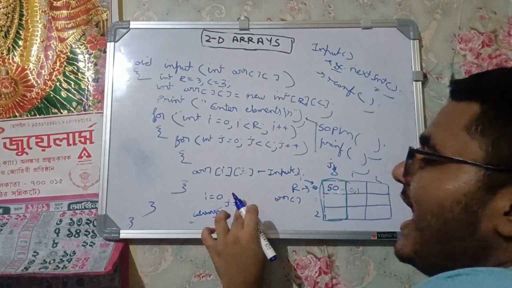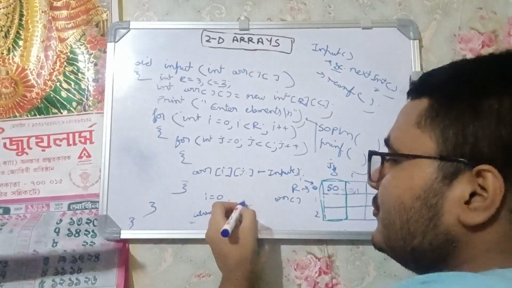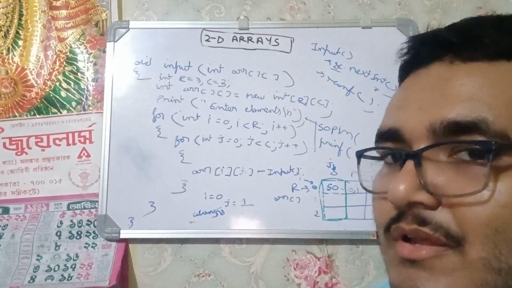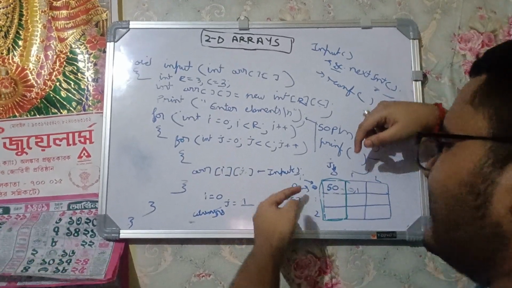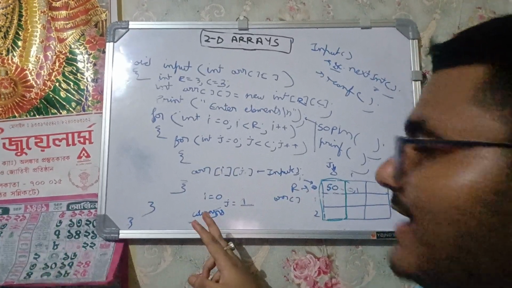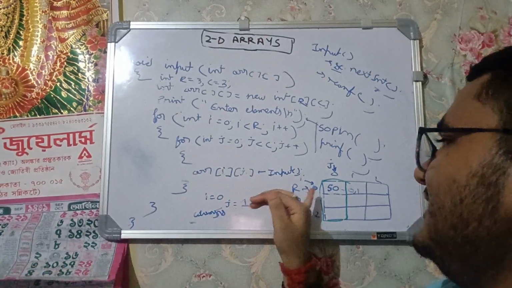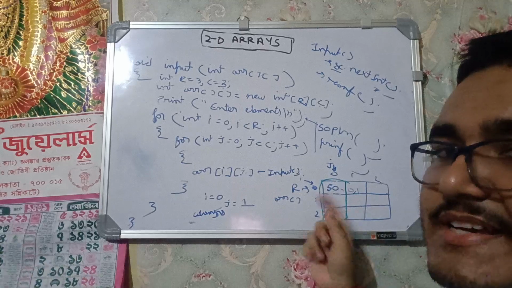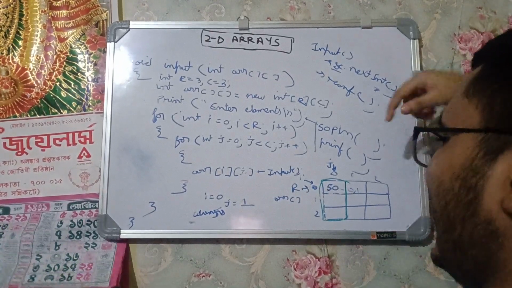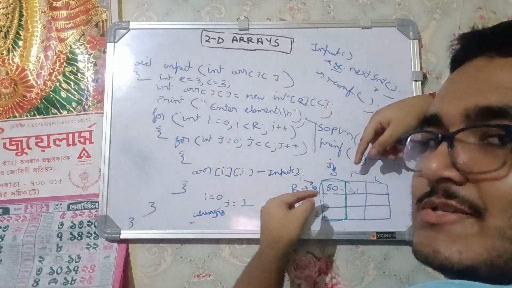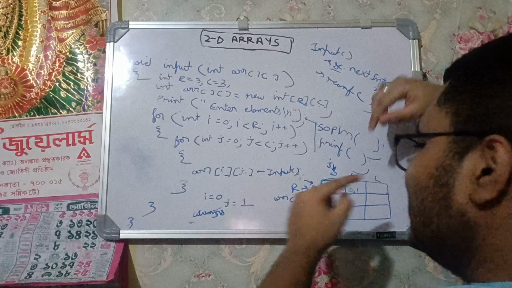Similarly, when j turns out to be 1, say i is 0. Till the time i is 0, it hits the 0th index of this green array, and j is 1, so it points here, right?